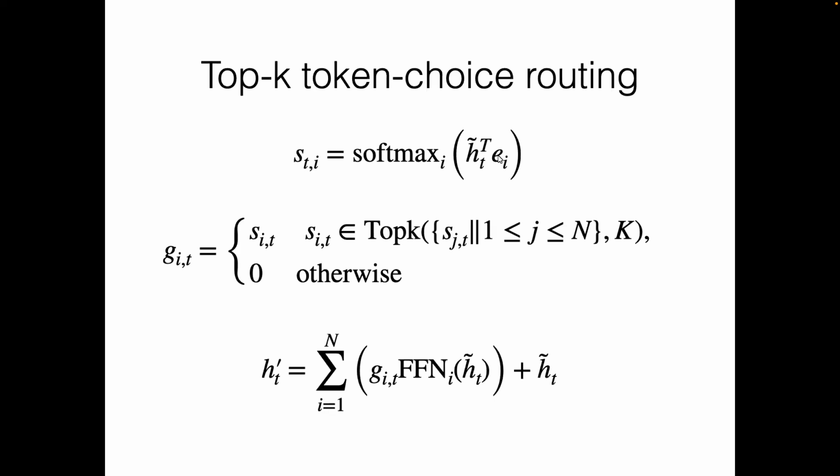You're taking the dot product, and then this is shorthand saying that you are taking the softmax over experts. Now here you could think of this as a gating function. So again, you're taking the top K, and then you're going to set to 0 all of the other experts.